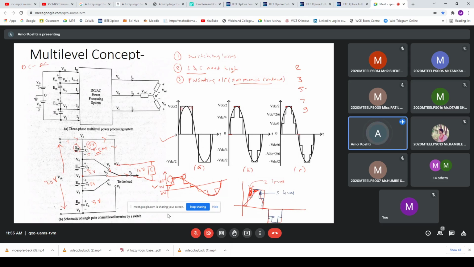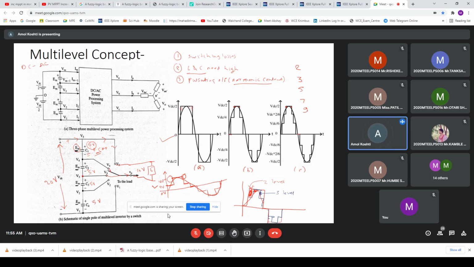As we go on increasing the levels in the output, the unwanted part is automatically eliminated from the system. But it is not 100% eliminated from the output. Why? Because some part will be there, which can be negligible.